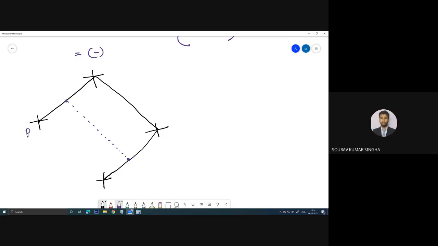This is P, this is Q, this is R, this is S. This is point A, and this point is B. Some data are also provided: line, length, and bearing.